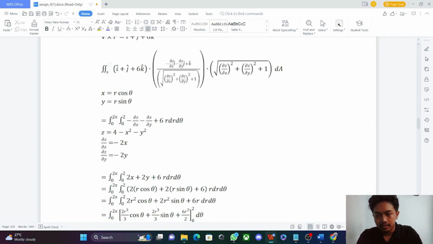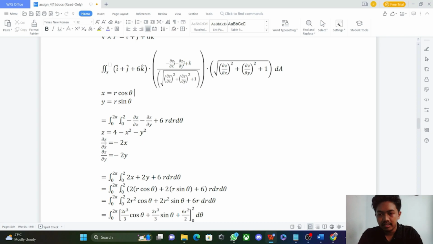Now, for the integral from 0 to 2 pi, the integral from 0 to 2 of (minus dz over dx minus dz over dy plus 6) r dr d theta. Now z is equal to 4 minus x squared minus y squared.